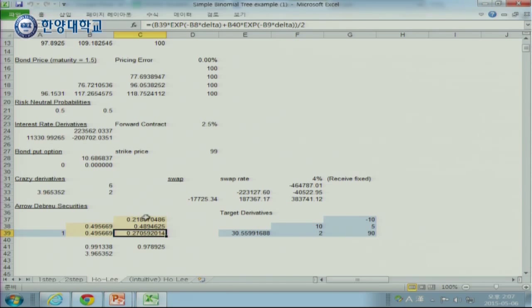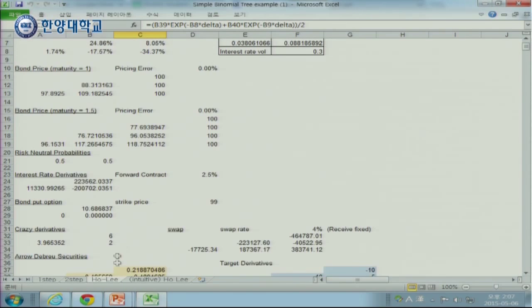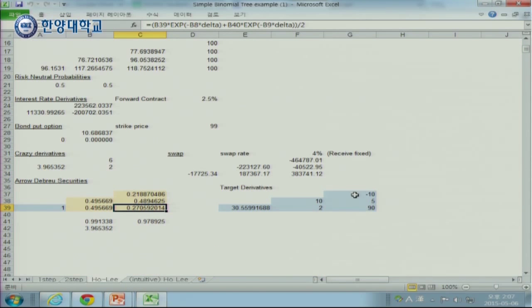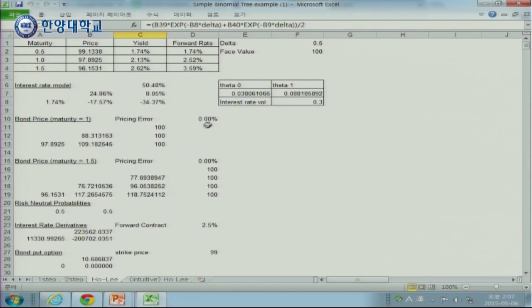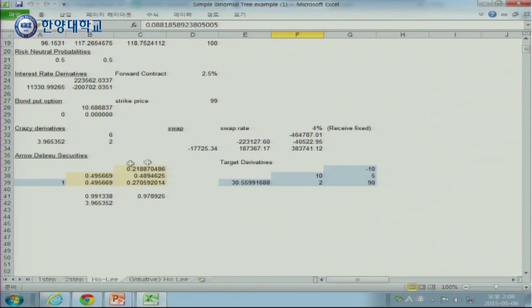Once you have the Arrow-Debreu securities, you can do the derivative pricing using this one or this one. But for path dependent securities, you have to use Arrow-Debreu securities for this particular case. So the homework is to get the interest rate and then the Arrow-Debreu securities. If you have this theta, you can generate the interest rate model directly, right? Because they are all dependent on this. This is given. So in your homework, you have to generate theta 0 and theta 1. And then this one.